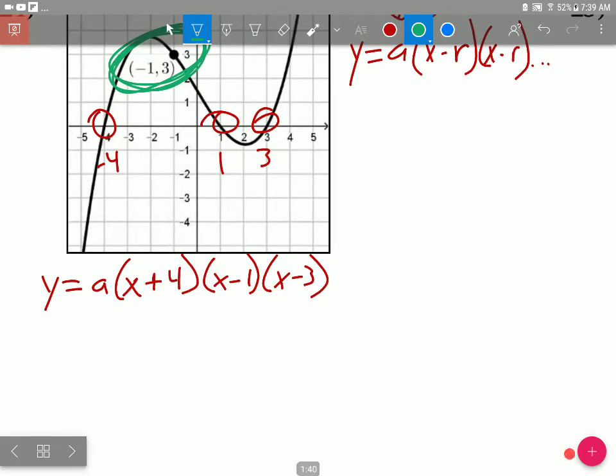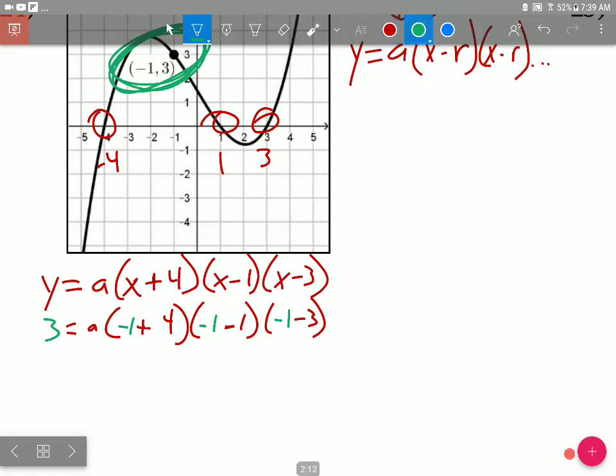So y is 3 equals a, and instead of an x, I'm going to put a -1 plus 4, and -1 minus 1, and -1 minus 3. Okay, so I just plugged in my random point, and now I can solve for a.